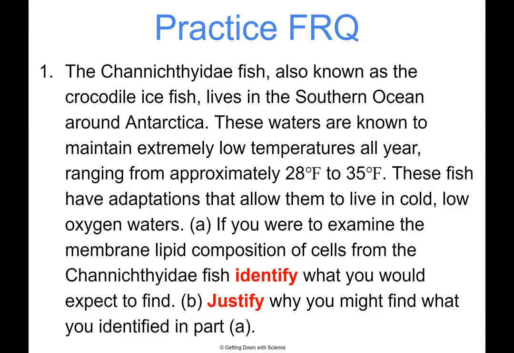So if you were to examine the membrane lipid composition of cells from this fish, identify what you would expect to find that helps them live in these environments. And then justify why you might find that part you identified. You're going to tell me why you think that.